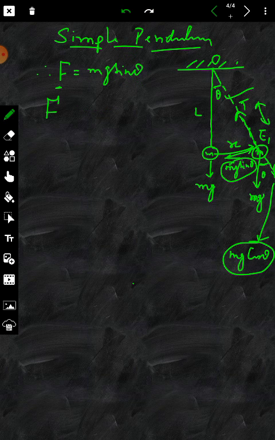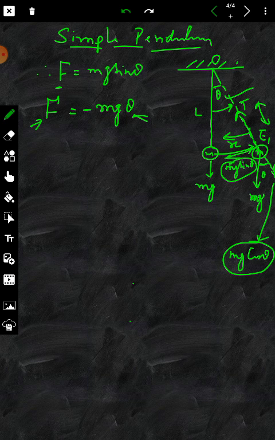So the force becomes equal to mg into theta, and because this is the restoring force, opposite to the displacement, we accommodate it with a minus sign. You see here, this is theta, the angle of displacement, and this is the direction of the restoring force. Both are opposite to each other.